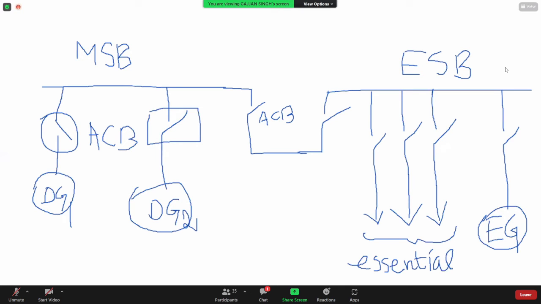You know what are essential services? Very, very important services, like navigation light, air horn, one steering motor, emergency light, emergency compressor. These are the services which are very, very important in an emergency. So you can explain like that. Again, this is an air circuit breaker.